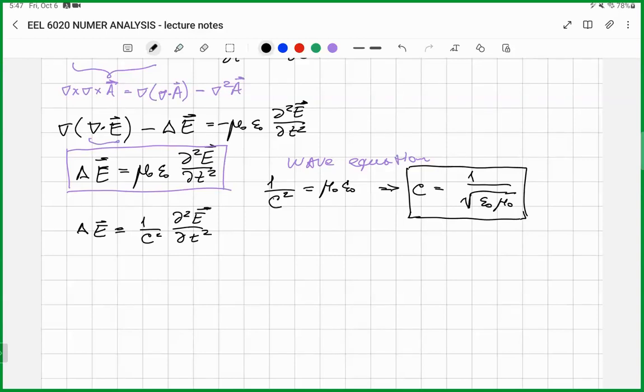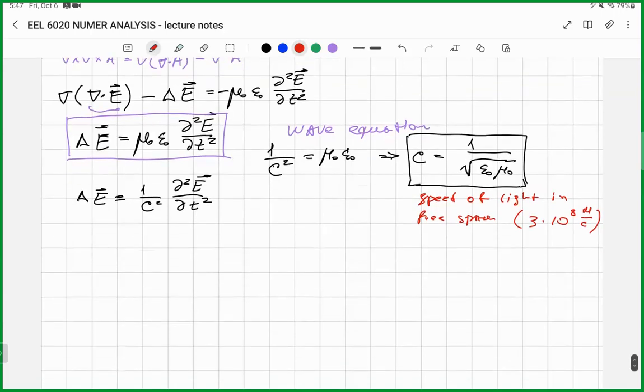So this c is known as the speed of light in free space. 3 times 10 to the power of 8 meters per second, approximately, right?